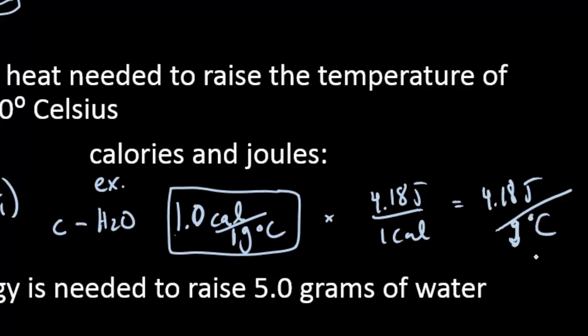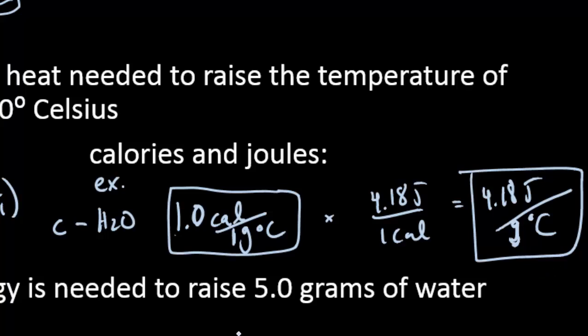Now this is just for water, specific heat for water. If I wanted to raise a gram of water a degree Celsius, I'd have to pump in 4.18 joules, which is the exact same amount of energy as 1 calorie. They're just different units.